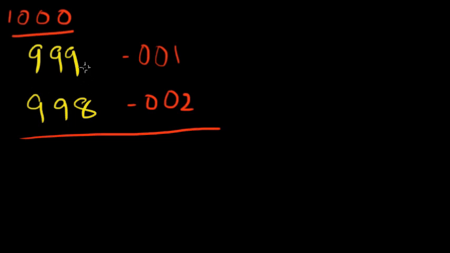Nothing changes. We perform the same method. 998 minus 1 gives us 997. And 1 into 2 is 2.